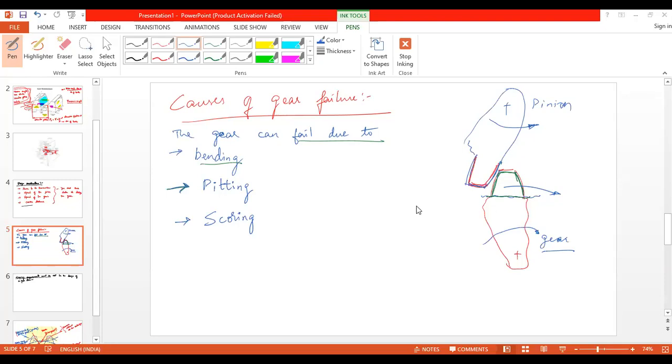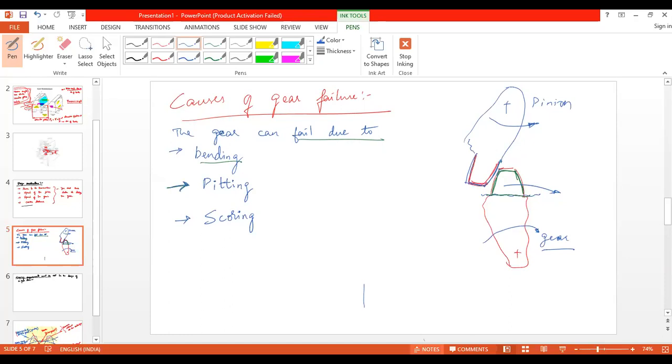Okay, stick-slip means the gear teeth will not slide against each other. It will stick and then it will slip, in which alternate shearing and welding takes place rapidly at those spots. Stick is nothing but welding.